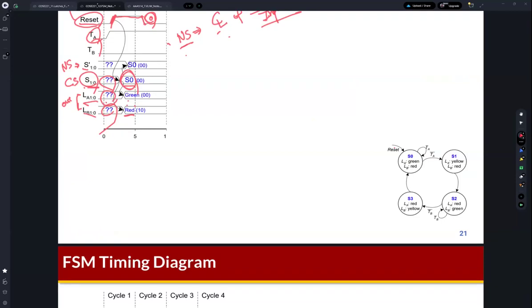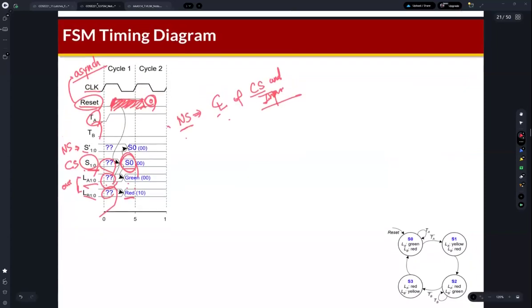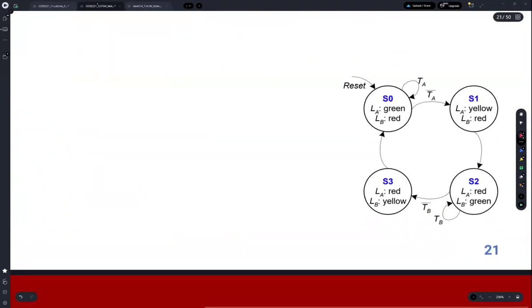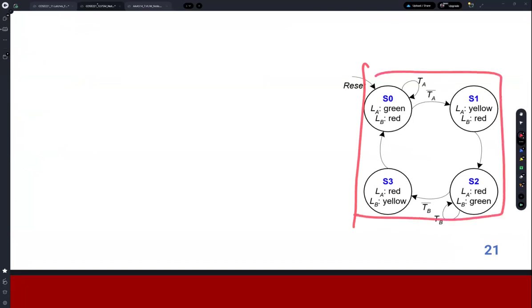In the state transition diagram, while the reset is 1, it is determined by this arc. But now the reset becomes 0 here. Then we need to consider this part.